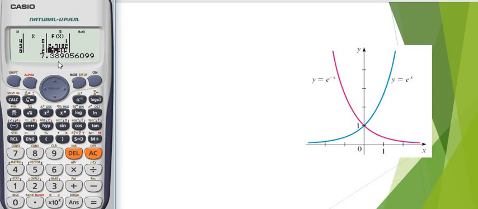When x equals 2, e to the power of x equals 7.3890. And last but not least, when x equals 3, f of x will be 20.0855.